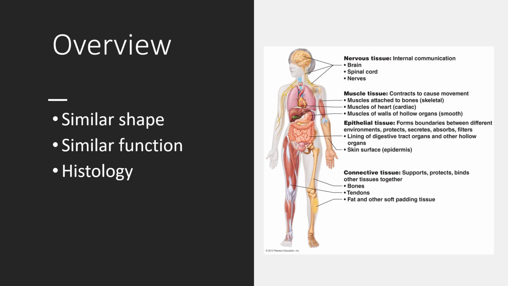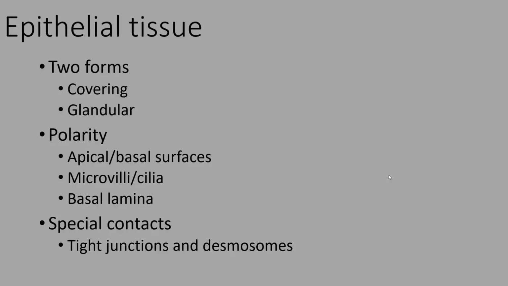Now in lab, we already looked at the epithelial tissues and some of the connective tissues, and we will look at the remaining connective tissues in a lab that's just around the corner. But let's begin with just a brief bit of coverage of epithelial tissues. And when we talk about epithelial tissues, really there's 2 categories or 2 forms of epithelial tissue.